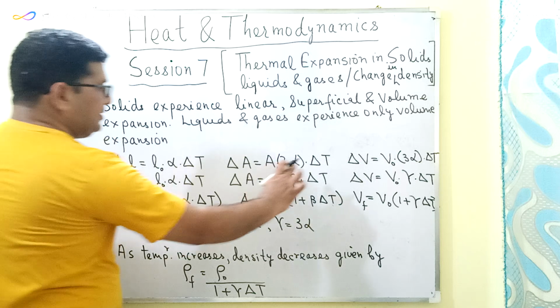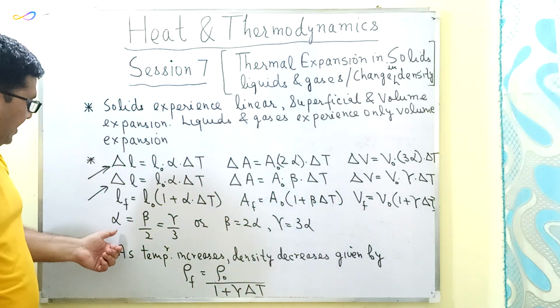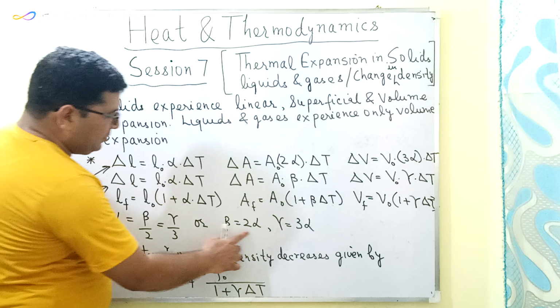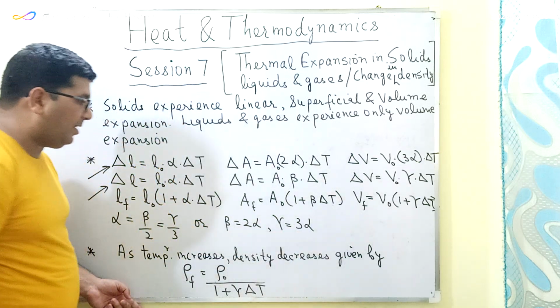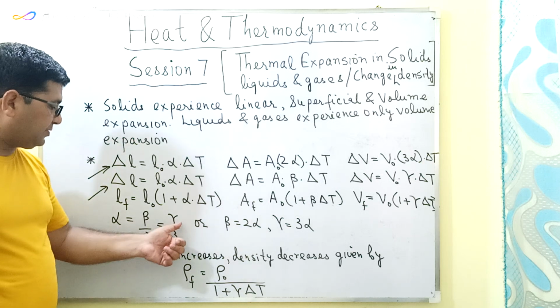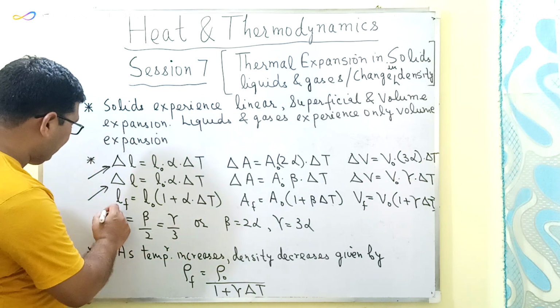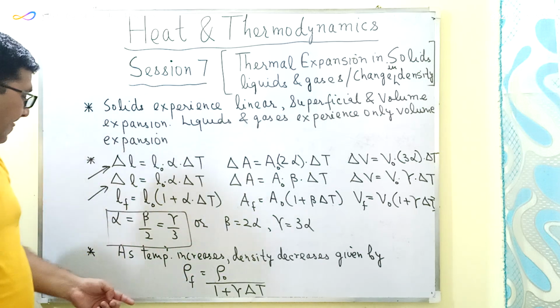So from these equations we can say that beta is equal to 2 times alpha and gamma is equal to 3 times alpha, or alpha is equal to beta upon 2, which is equal to gamma upon 3. This is a very important relation which every one of you must remember.